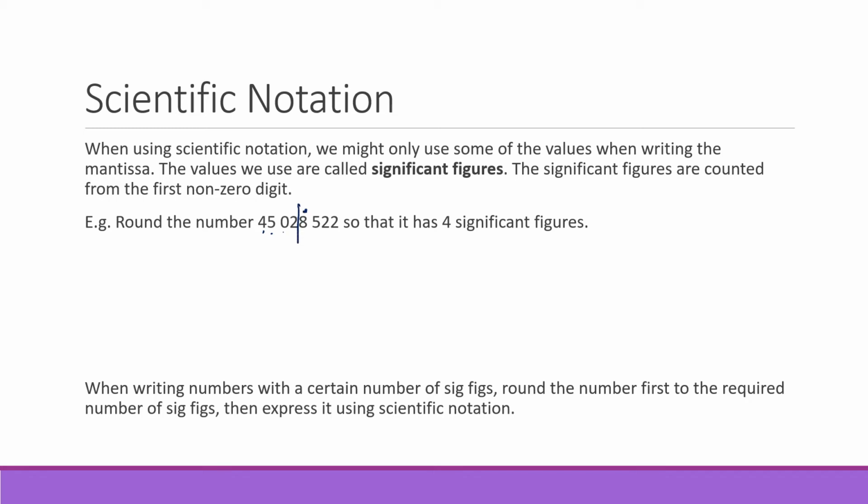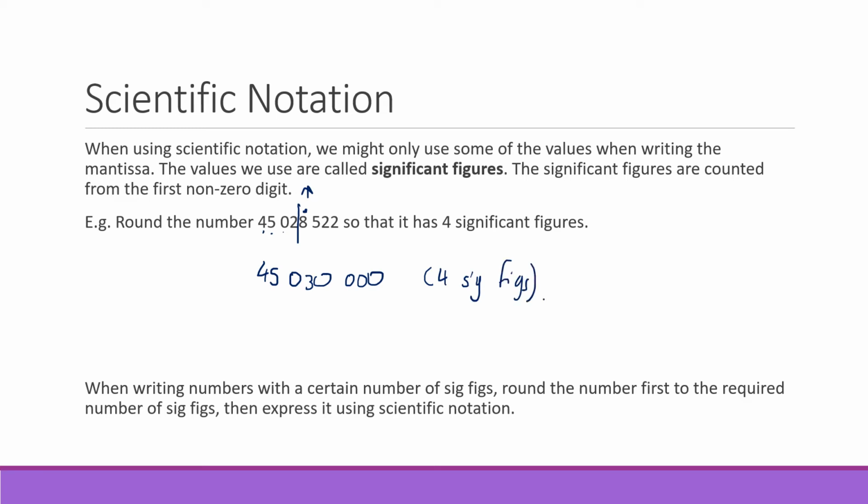Then that 8 that comes after the 4 significant figures is going to make it round up. So it's 45 million, and 30,000. And that's to 4, and we just write sig figs.